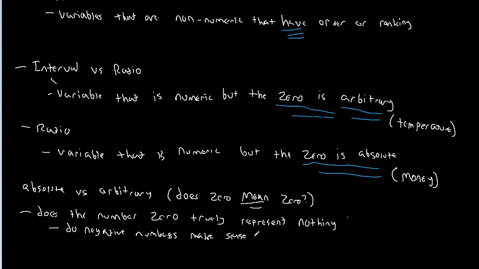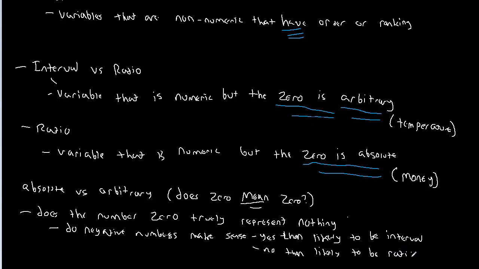If the answer is yes, then it's likely to be interval. If the answer is no, then likely to be ratio.